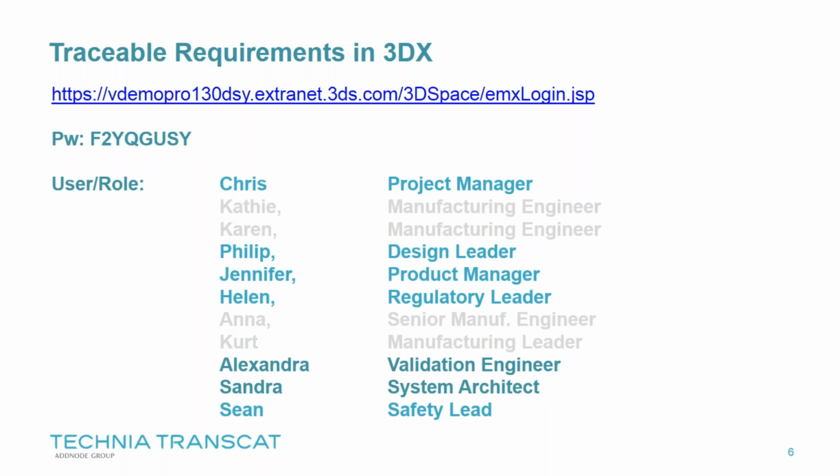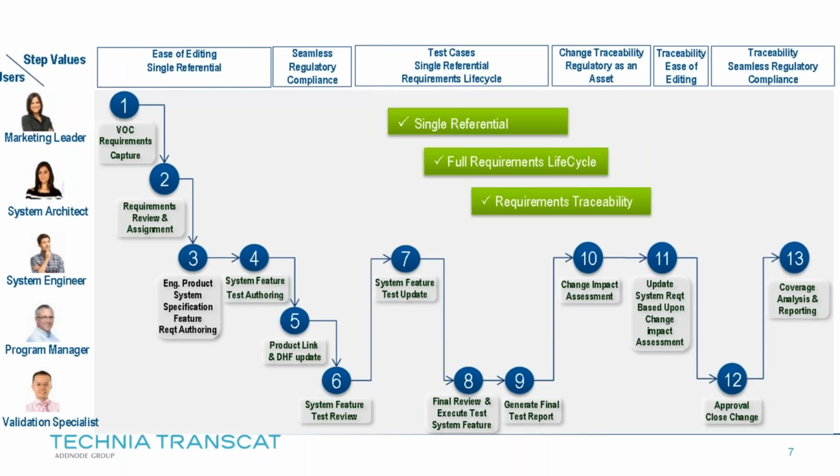It definitely will be Jennifer providing initial input, setting up the intended use. It will be Helen reviewing regulatory requirements and regulatory status if we connect it to product requirement or product compliance requirements. So it's quite a wide set of users in the platform who will work with this functionality.